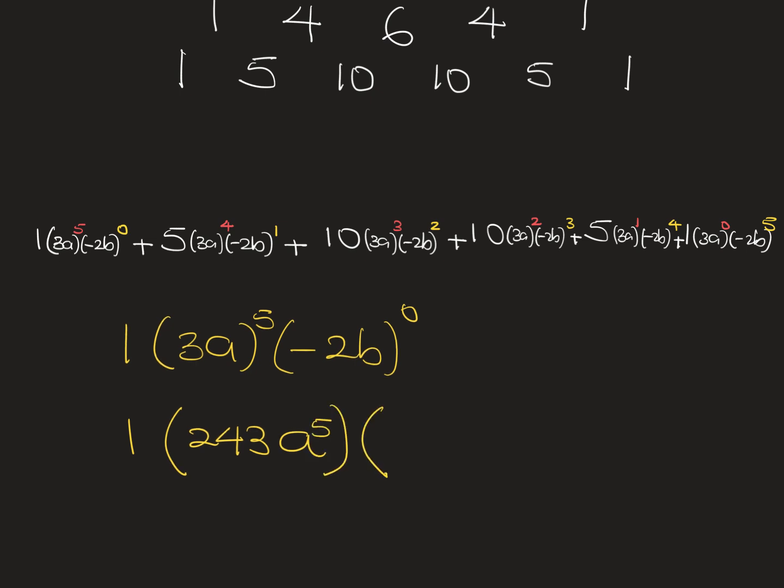Then into this whole expression, minus 2b all to the power 0. We say that anything to the power 0 is 1. So it means we're going to have just 1 times 243 a to the power 5 times 1. So that is just 243 a to the power 5. And that is what we need to write in this place. Okay? Let's write that.